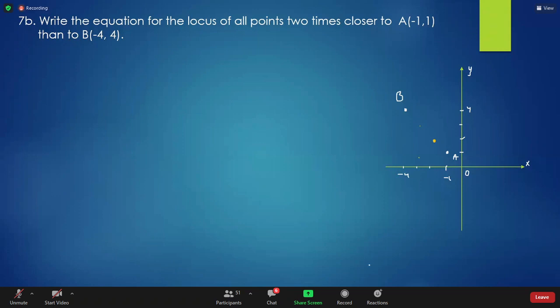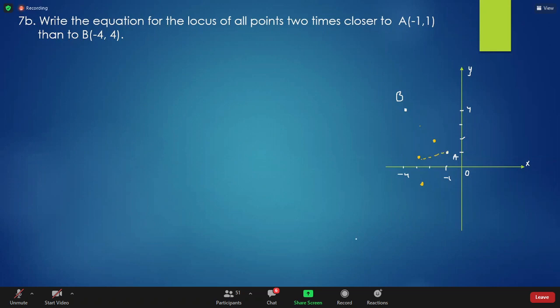How do we know? 2 times closer to A than to B. Let's see, can we go there? 2, and that's the distance somewhere there. Looks like, possibly.